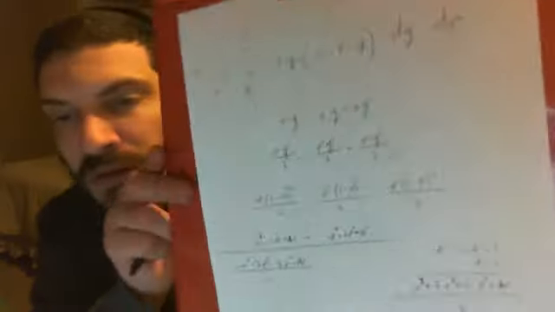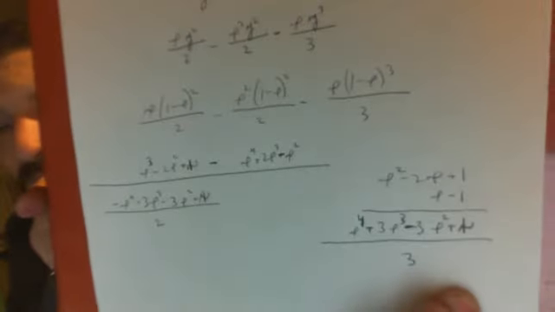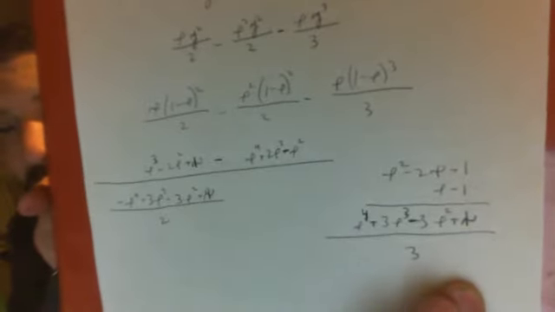You multiply this times x, so you add one higher power. Everything goes up with the x. Then finally you convert the pluses into minuses because it's minus. If there's a minus, it gets a plus. If there's a plus, it gets a minus. The last step, this whole thing is divided by 3. So x to the fourth plus 3x cubed minus 3x squared plus x, divided by 3.